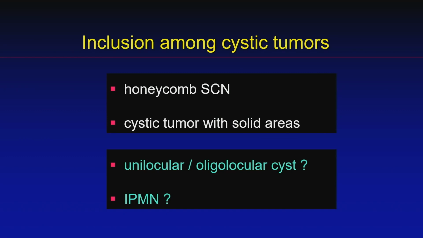But in our included cases during our study, the honeycomb-shaped serous cystadenoma and the cystic tumor showing solid areas are included. For unilocular or oligolocular cysts, in our group, we are actively using ethanol lavage and retention therapy, so we don't feel RFA is necessary in this case. And for IPMN, there can be some controversies. We need to do more study.